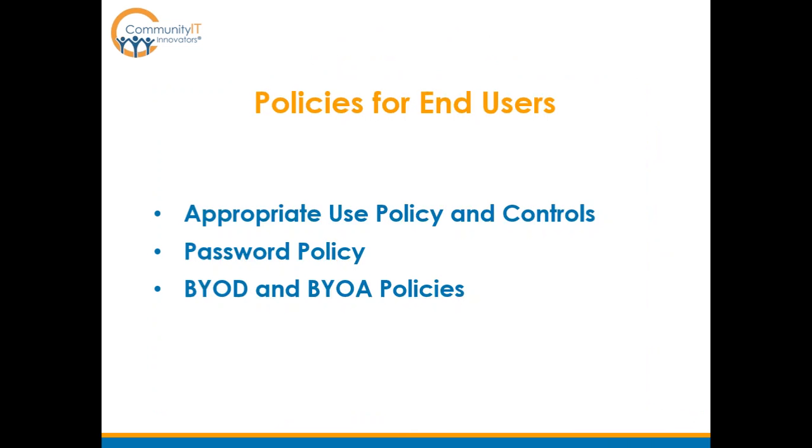So in terms of appropriate use policy and controls, a good example is maybe you have a policy that says don't use streaming media, or don't visit sites that you shouldn't, but then somebody in your organization is using your organization's internet connection to torrent illegal movies.